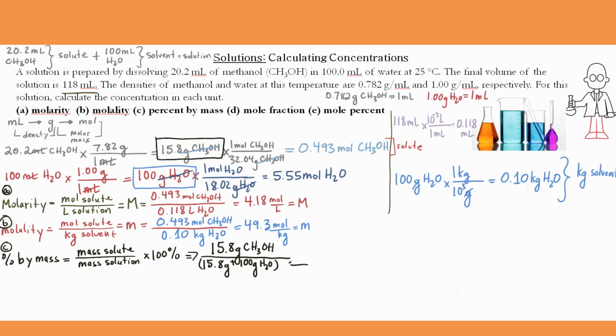So this gives us the mass of solution, because this is our mass of solute, this is our mass solvent, and when we sum those together we get the mass of the solution, and that is going to equal 15.8 divided by 115.8.